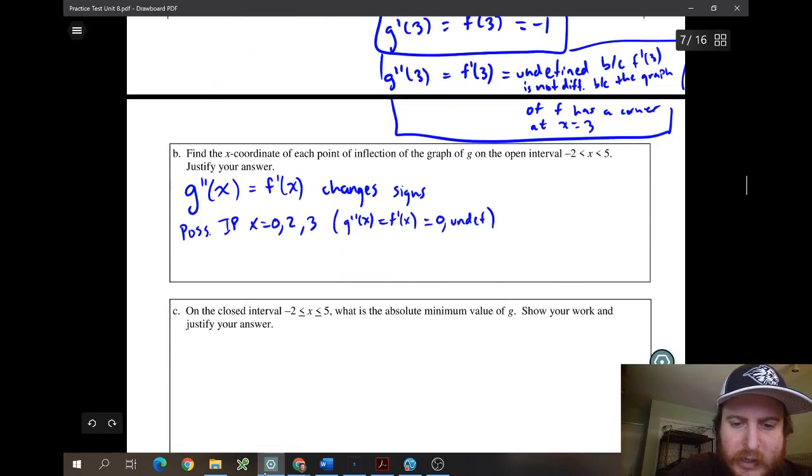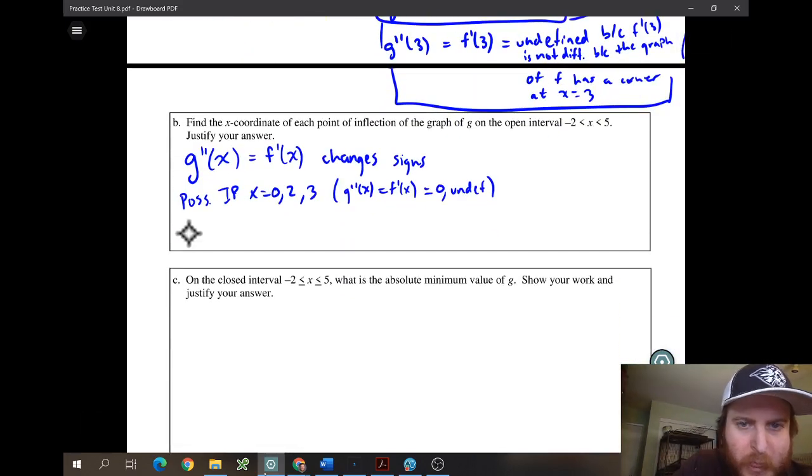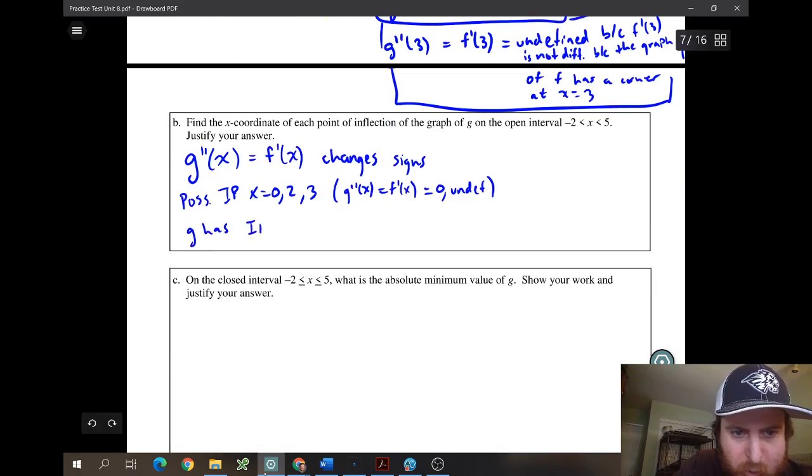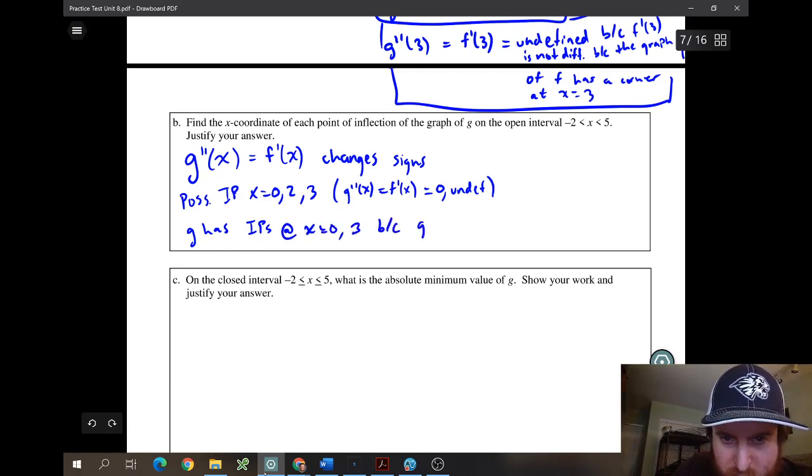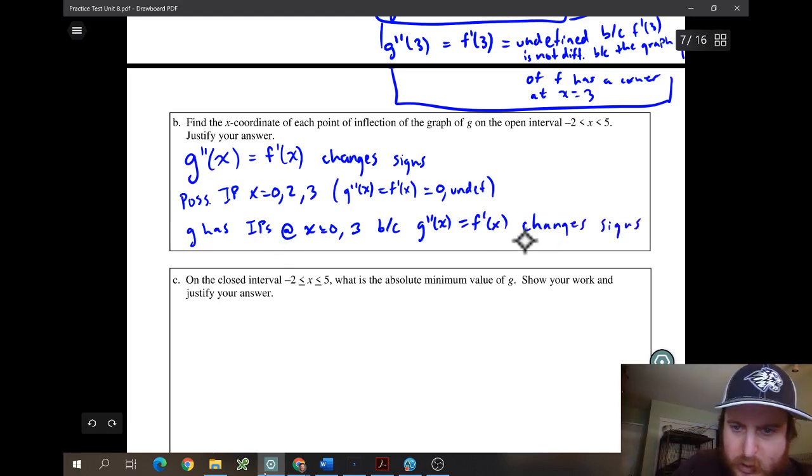So the easiest explanation for this is to say, g has inflection points at x equals 0 and 3 because g double prime of x equals f prime of x changes signs at x equals 0 and x equals 3. It's like the simplest explanation.